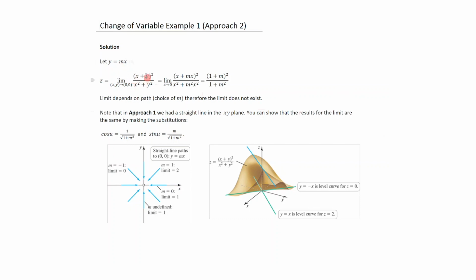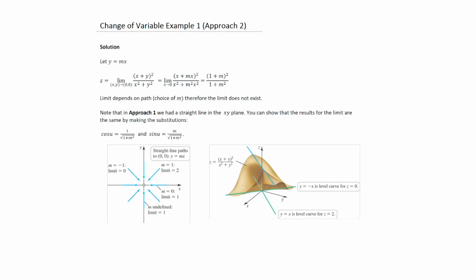So we just make the substitution for y, which is here. And then after some simplification, we end up with (1 plus m) squared divided by 1 plus m squared. Clearly, if you choose different values of m, the limit will be different, and therefore the limit does not exist. All right, so if we're to draw this on a diagram, which is what you see down here, you can see that for m equals 1, you have a line in the first quadrant.